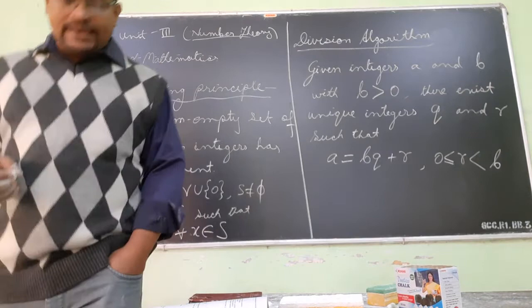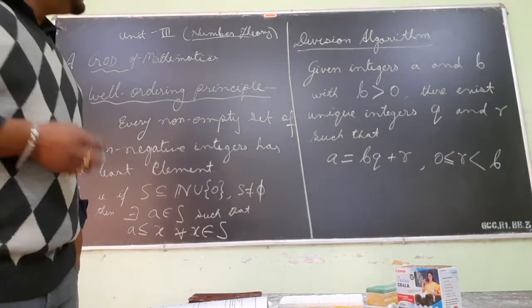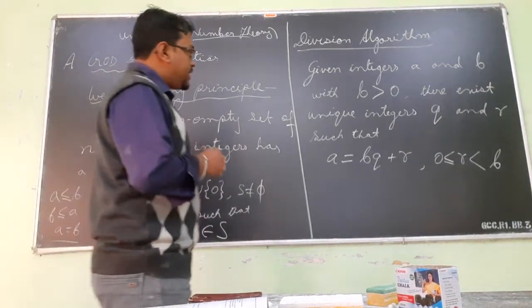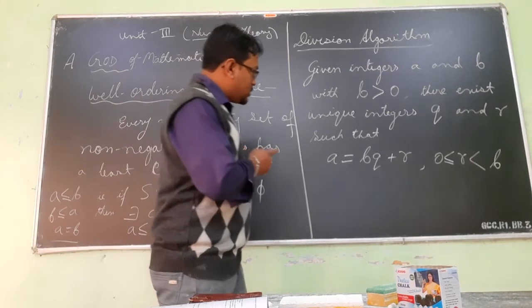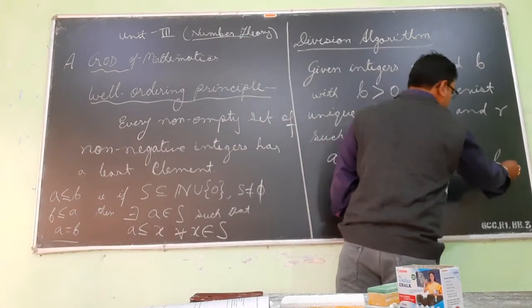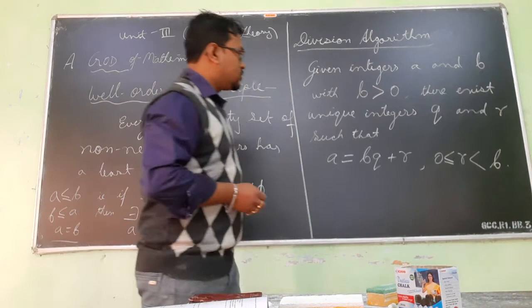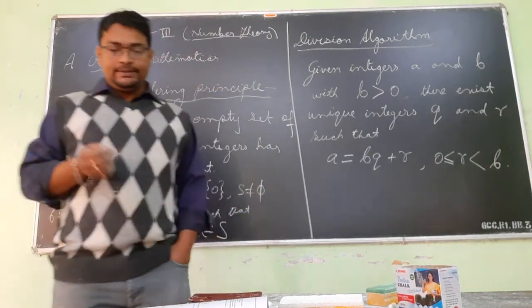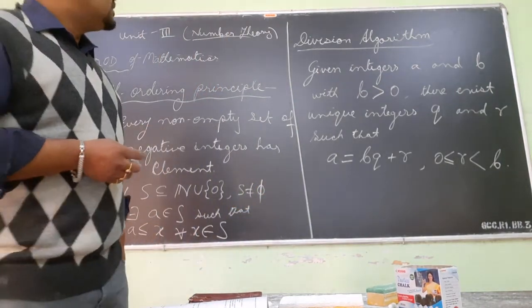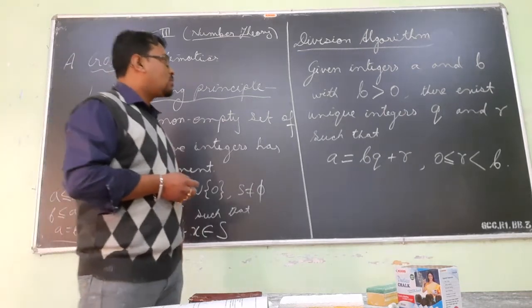Given integers a and b, there exist unique integers q and r such that a equals bq plus r, with 0 less than or equal to r, strictly less than b. So this is the division algorithm.